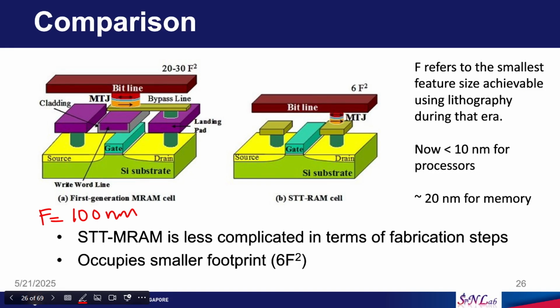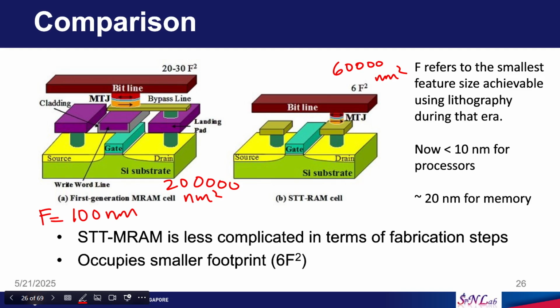So 20 F square will be 200,000 nanometer square, whereas this will be only 60,000 nanometer square. So the area occupied by STT MRAM is smaller. That is one thing that you can see.